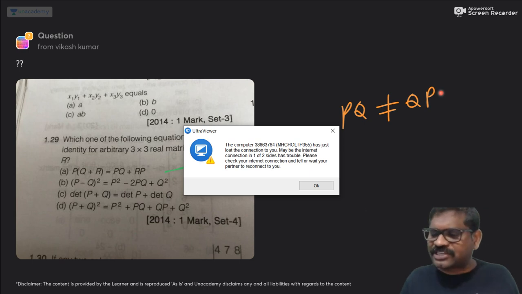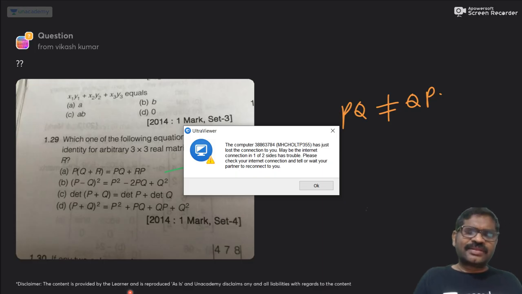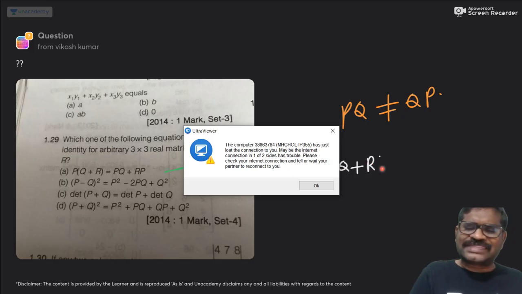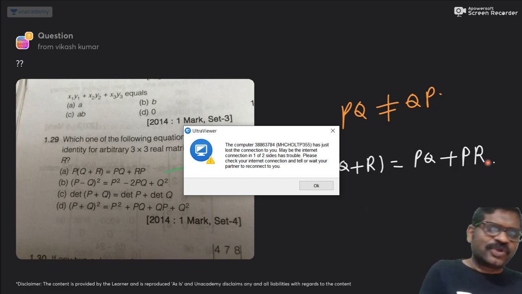Matrix multiplication does not satisfy the commutative property. So which of the following equations are correct or incorrect? P(Q plus R) equals PQ plus PR is correct. But they have given RP, so it is incorrect.